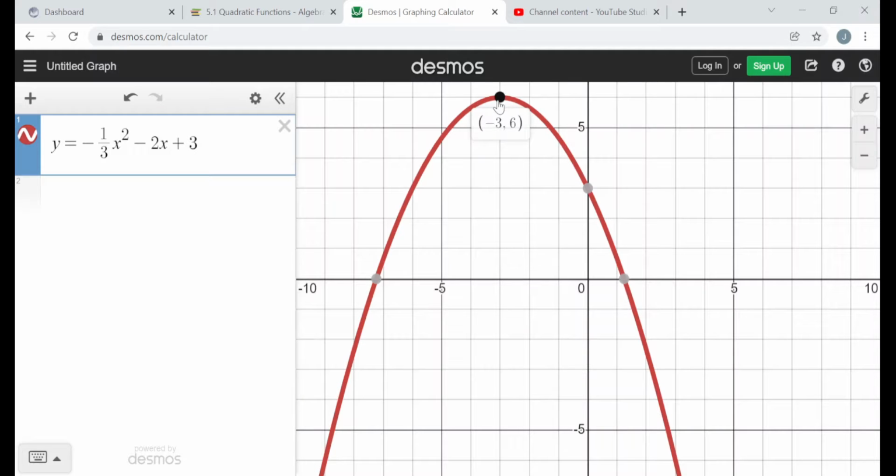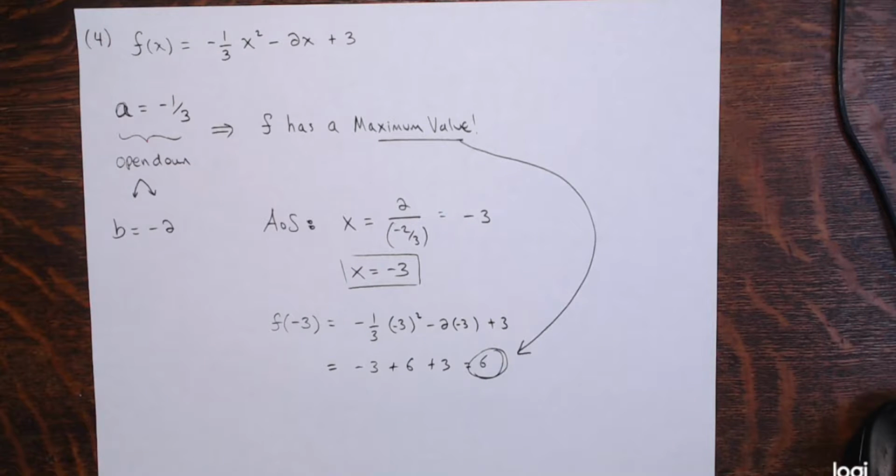See, negative 3, 6. x equals negative 3 is the axis of symmetry, and the highest y coordinate, the maximum value, is 6, as I wrote down on my paper. Excellent. So the rest of the examples I'm going to work on are from the real-world application problems at the end of the section.